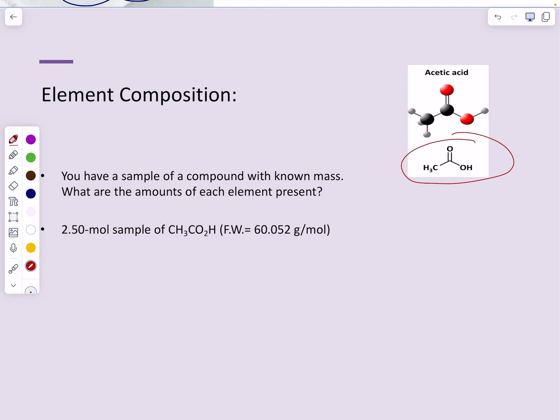All right, so we've got a 2.5 mole sample of acetic acid. We're given the formula weight, and we want to know what are the amounts of each element present. Those amounts, we can figure out in moles, or we can figure out in grams, or we could figure out percentage-wise.